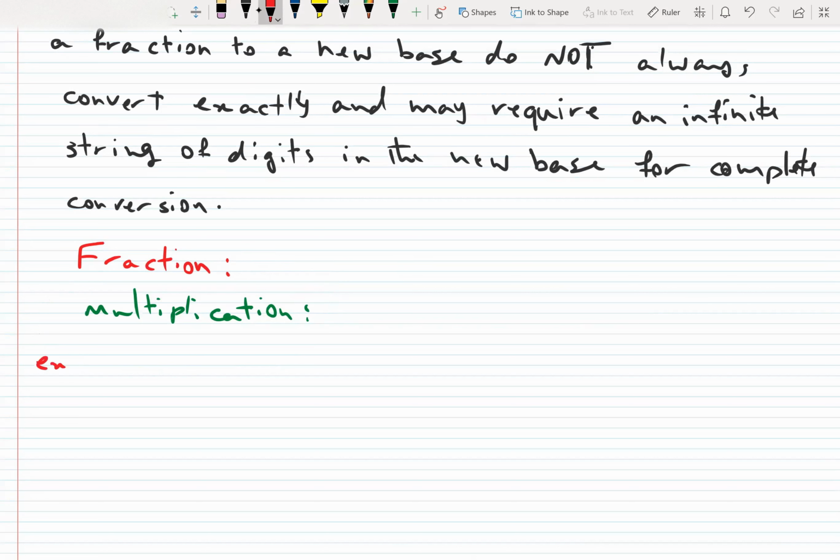Example: convert 0.1285 from base 10 to base 4.